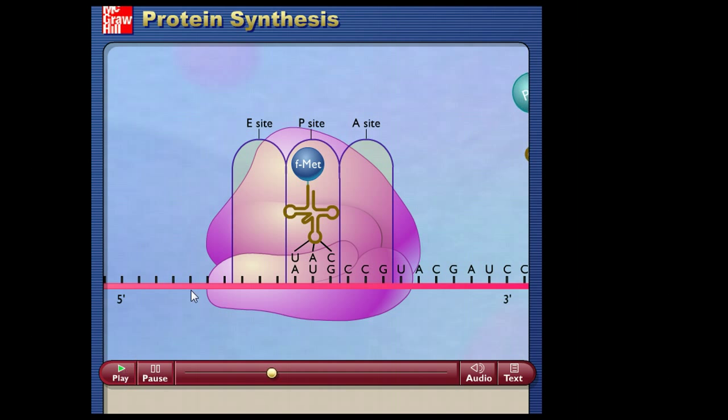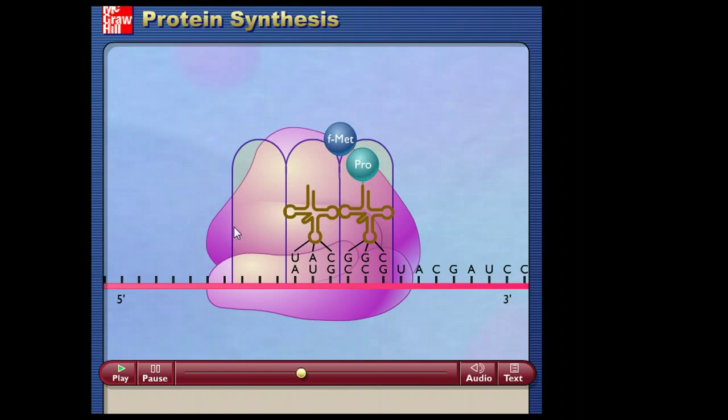But if you notice that in the next codon, which is in the A site, a tRNA is being brought in. That complementary base pairs with the anticodon of the tRNA and brings in a different amino acid. This methionine is going to create a peptide bond with the proline. Okay, so now we've got a single peptide bond.